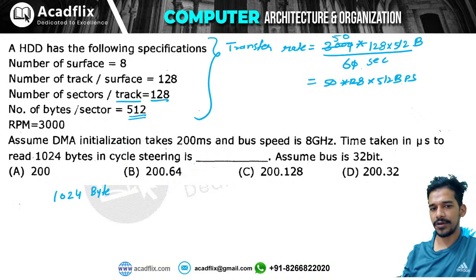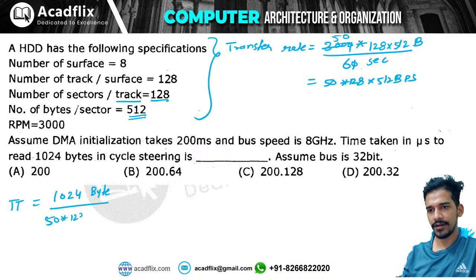So transfer time will be the size of the data divided by the transfer rate. The transfer rate is 50 into 128 into 512 bytes per second, so the answer will come in seconds. 512 into 2 is 1024, and 128 divided by 2 becomes 64.